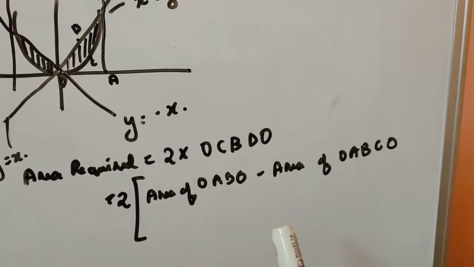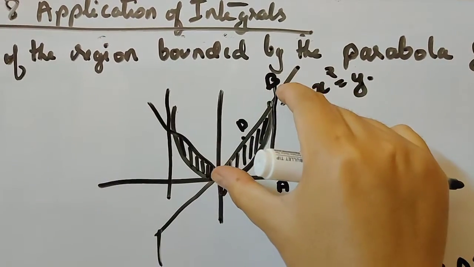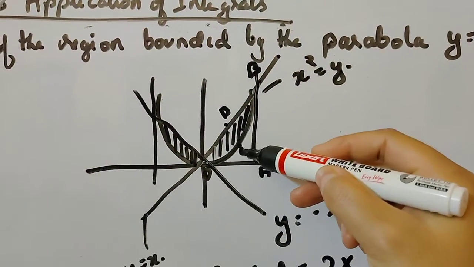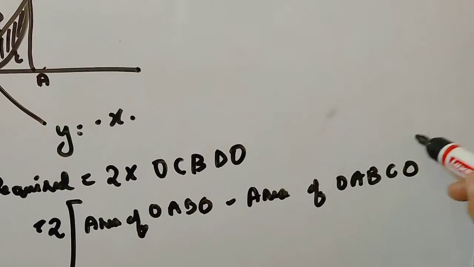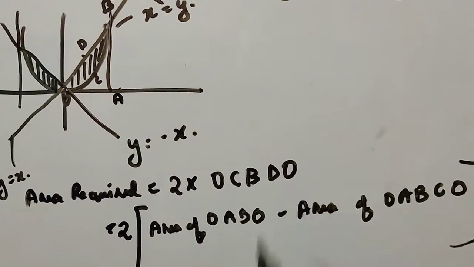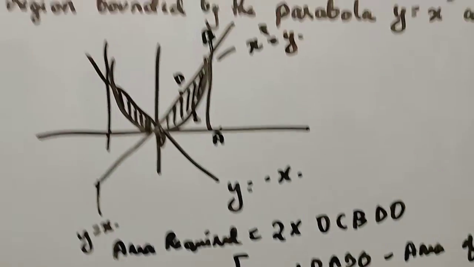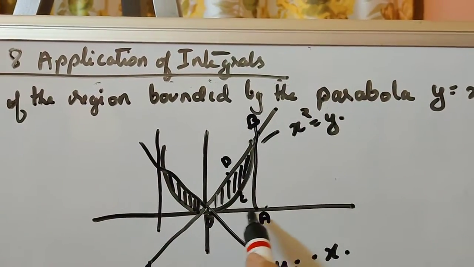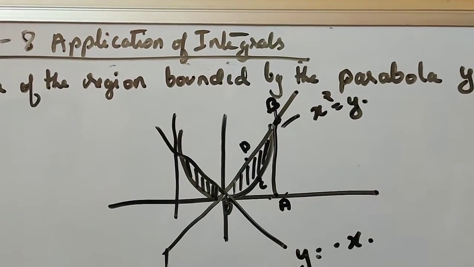OABO is this whole triangle minus this non-shaded portion OABCO, then I will get the area of this. So first of all I need the coordinate of this point so that I will get this distance.